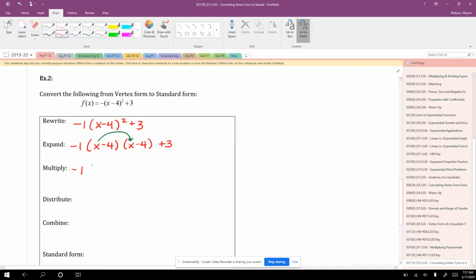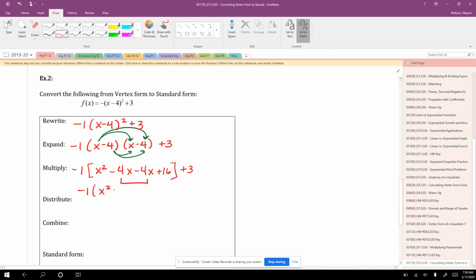So I'm going to multiply those first, x squared, and then those two, minus 4x. My middle terms, minus 4x, and my two last terms, plus 16, plus 3. Now I like to combine these two terms here first.